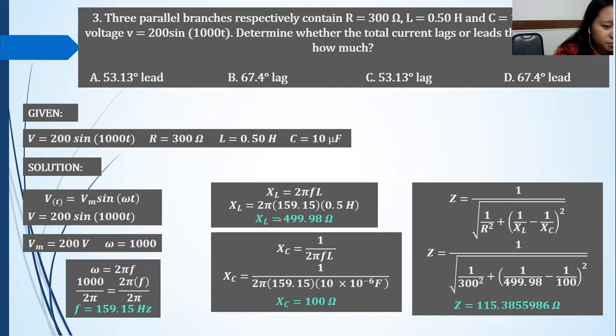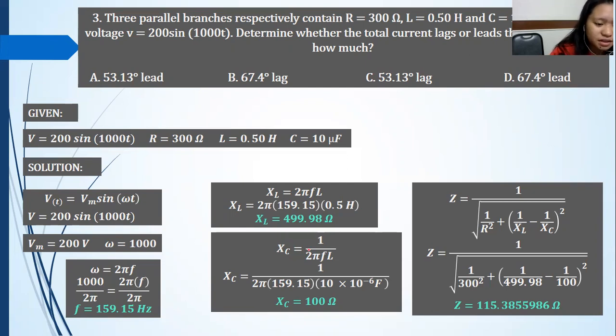Let's compute it using the calculator. 2 pi times 159.15 times 0.5. So we have the answer of 499.98 ohms. So that is for the XL.